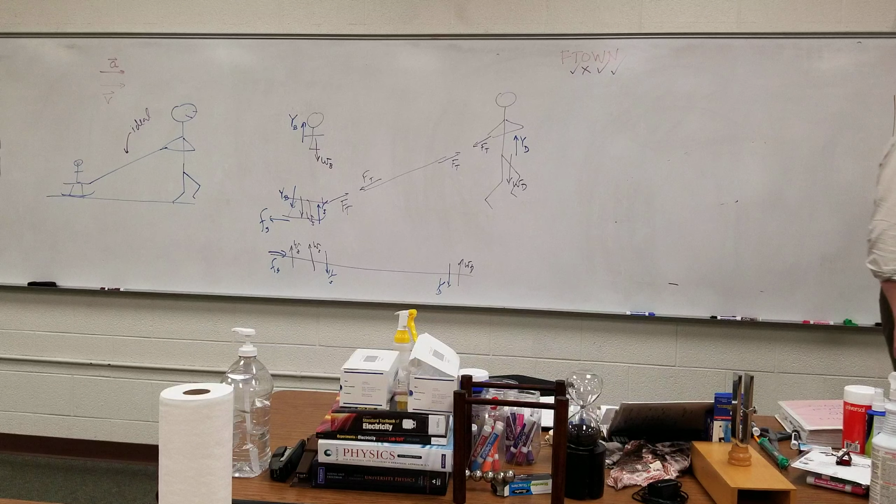Let's do boy and sled. Which way is friction acting on the boy? To the right. Why? Because it's the opposite. It's the opposite of the left, I'll agree with that.